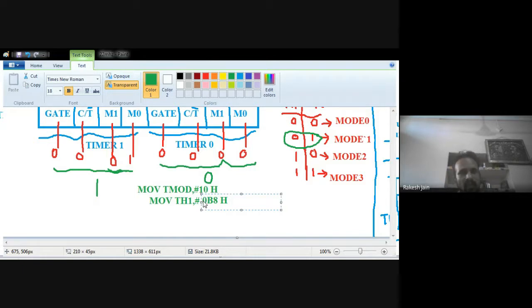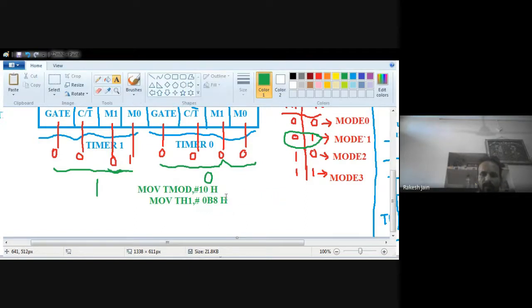But if any immediate value comes in hexadecimal starting with an English letter, then we have to write 0 first. Otherwise, when we use Keil software to convert the program into hex, it will show an error in that line. So to remove the error, we write 0.